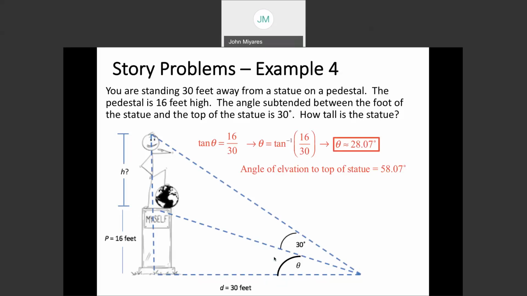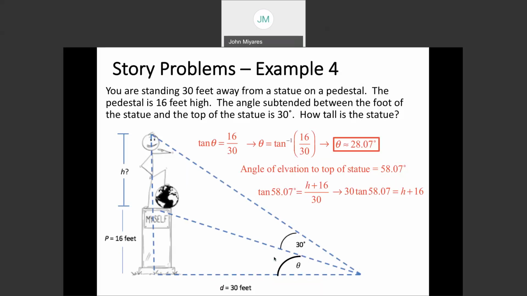Now we'll use this new angle to find the total height. I can say that the tangent of 58.07 degrees will be the opposite side, which is h plus 16, over 30, the adjacent side. Cross multiplying gives h plus 16 equals 30 times the tangent of 58.07.